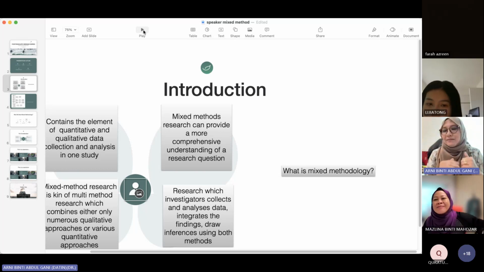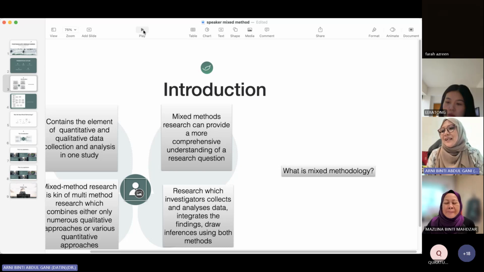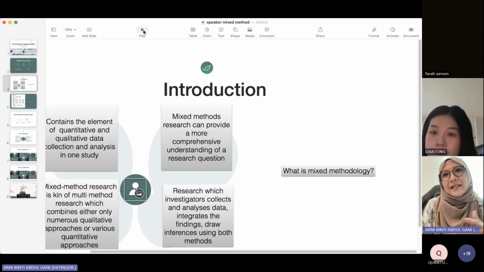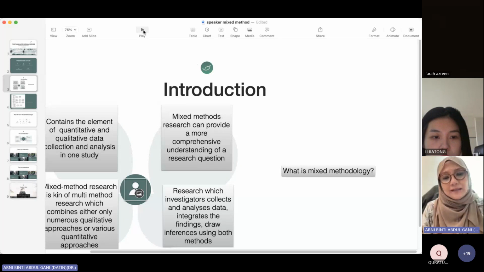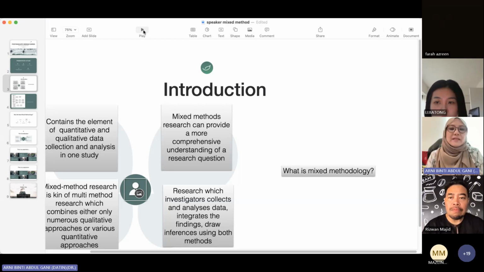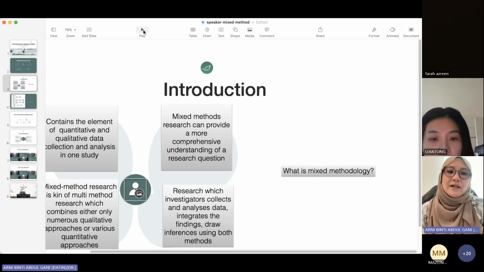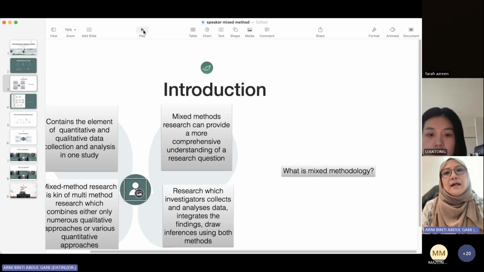Continuing. So the era of combining research, both qualitative and quantitative, people call it mixed methodology. So what is mixed methodology? Basically, it contains the element of both quantitative and qualitative data collection and analysis in one study. Mixed method research is believed to provide a more comprehensive understanding of a research question.